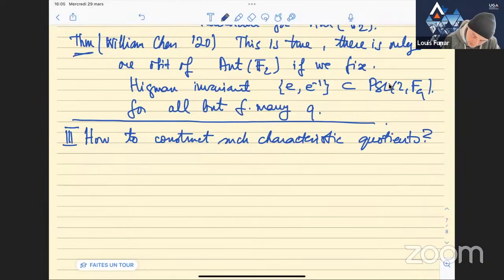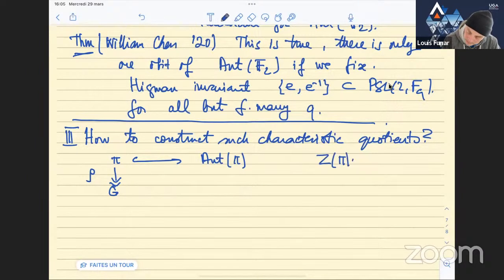To construct a characteristic quotient, if I'm taking some quotient of pi into G, let's say, here is some rho, I see it as a representation. Recall that pi embeds into the automorphism group of pi. I'm taking groups like the center is trivial, so this is the center.